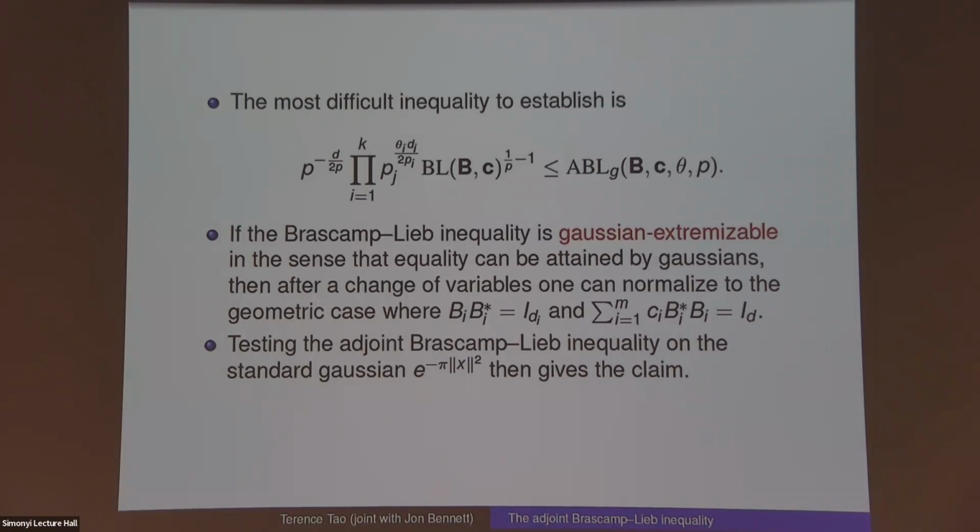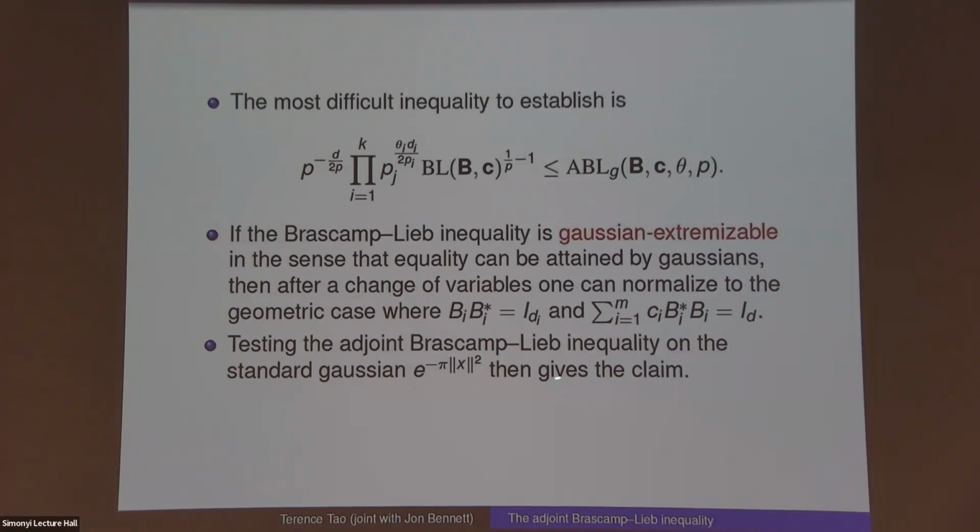And normalizing that is actually equivalent to making the inequality a geometric inequality, where the conditions I said before hold: these are co-isometries and the corresponding projections normalize to the identity. So that's the simplest case, and in the Gaussian extremizable world, you can always normalize to that case.